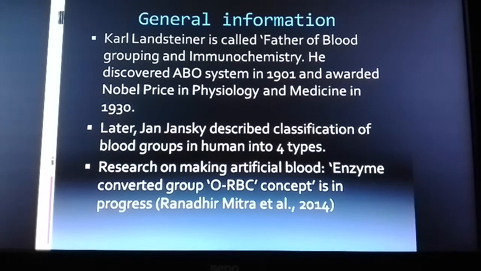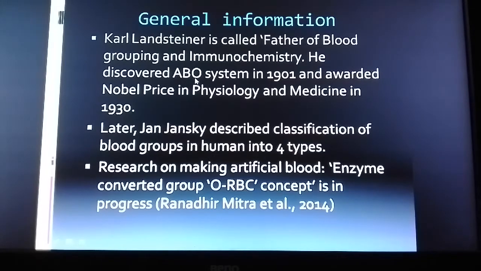And these are some important points connected to blood group. Landsteiner, called the father of blood grouping and immunochemistry, discovered the ABO system in 1901 and was awarded the Nobel Prize in Physiology and Medicine in 1930.